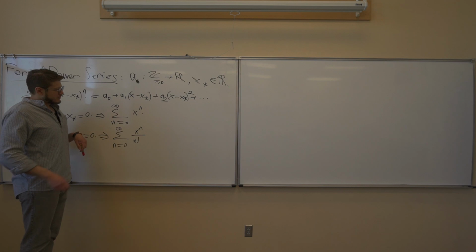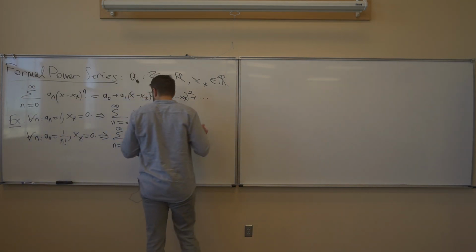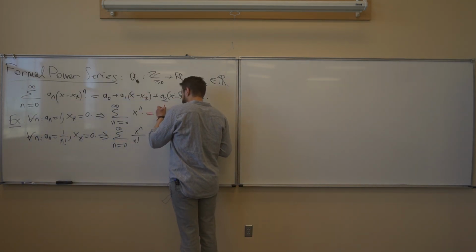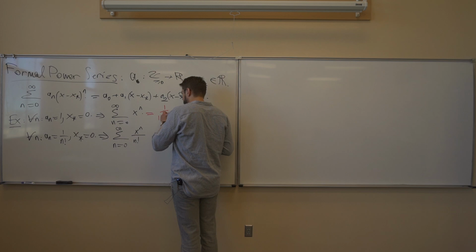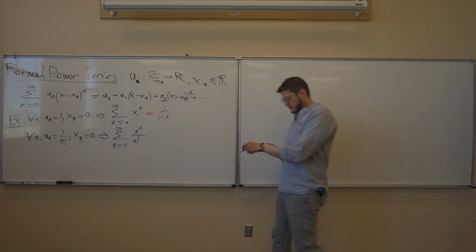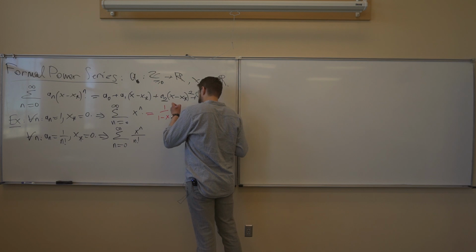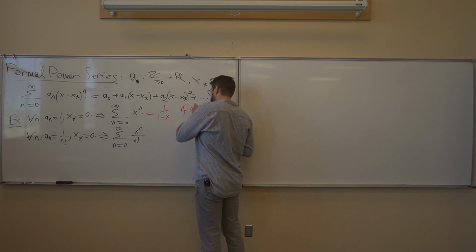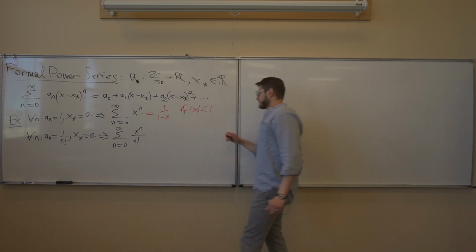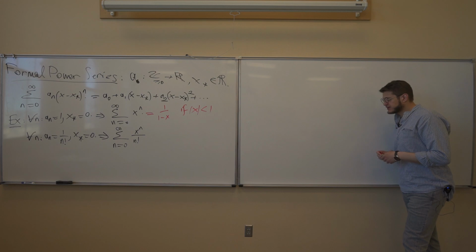We had done this example explicitly. We said that this is equal to the function 1 divided by 1 minus x if x is less than 1 in absolute value.